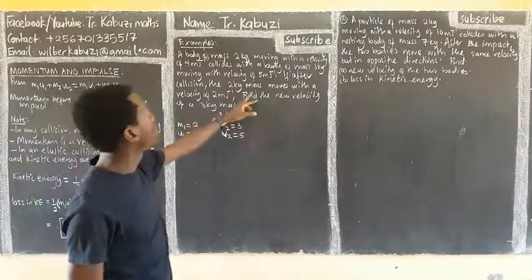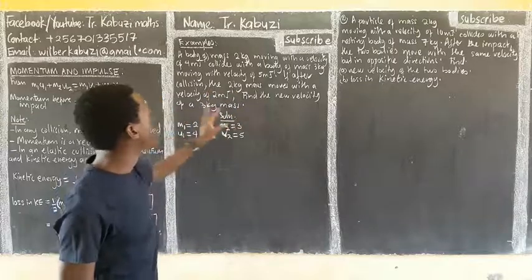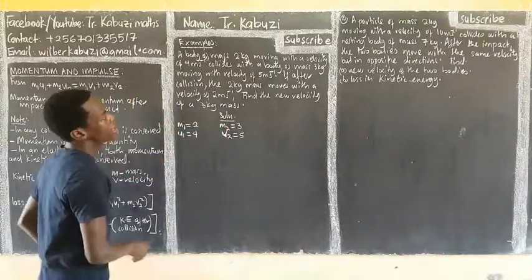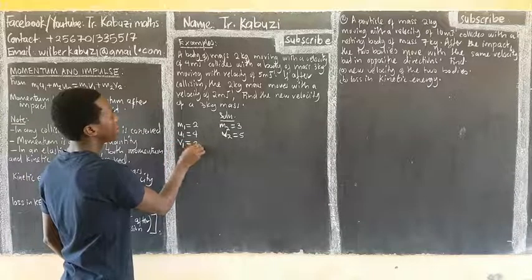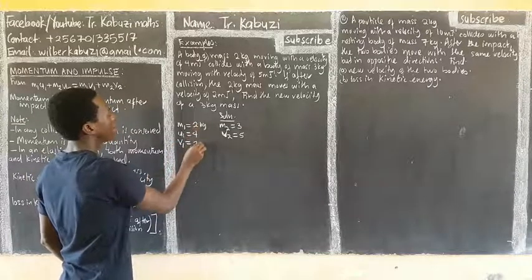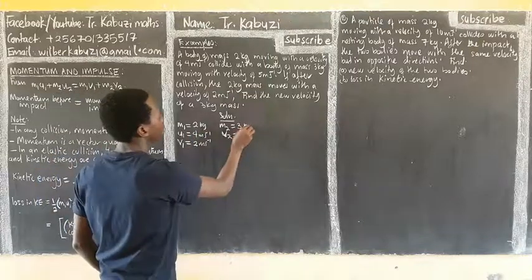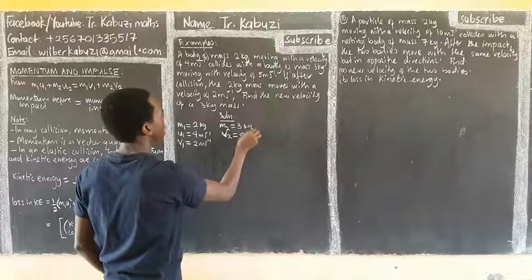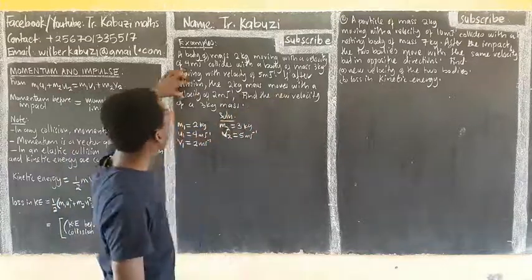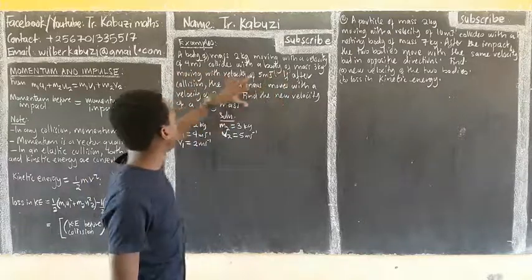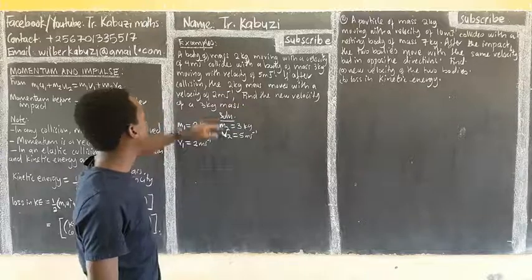If after collision, the 2 kilogram mass now moves with a velocity of 2 meters per second, so the final velocity v1 is 2, find the new velocity of the 3 kilogram mass.